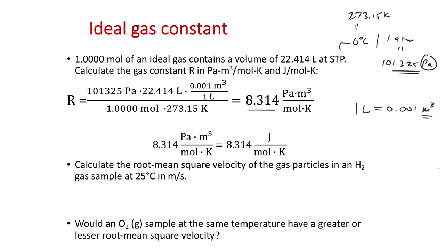Now, another way to express these units would be to go back to, and again, this is just more for educational value to see where these units come from. I doubt you'll see any tests that ask you to rederive these units. But if we look here, a Pascal is the SI unit of pressure, force exerted on a square area. The SI unit of Pascal is kilogram meter to the -1, second to the -2.